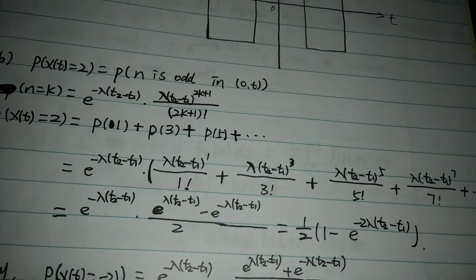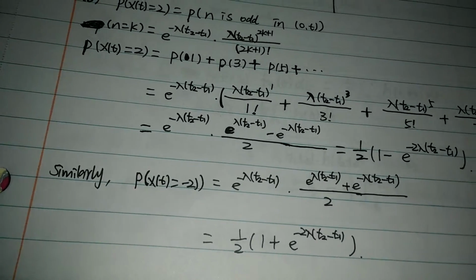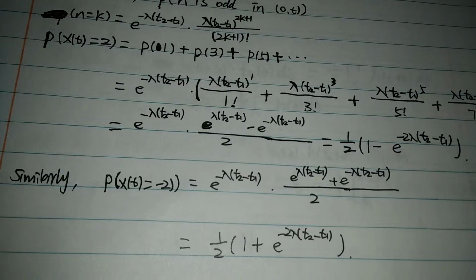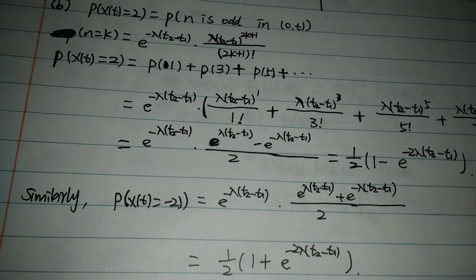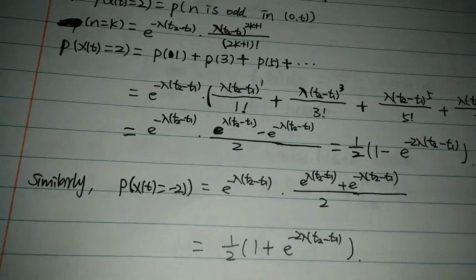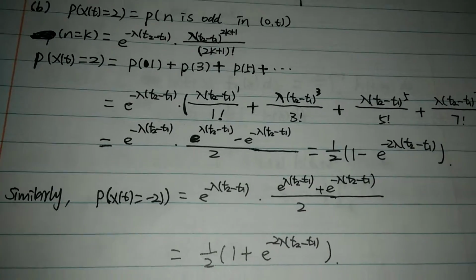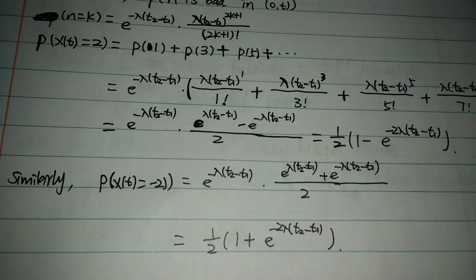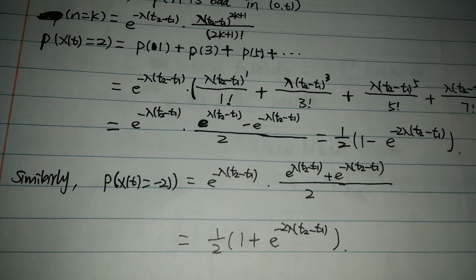Similarly, we also can get the probability of X(t) equals minus 2. It is the probability of N is even in 0 to t. It equals half of (1 plus e to power minus 2 lambda times (t2 minus t1)).